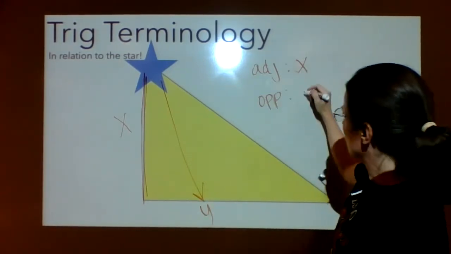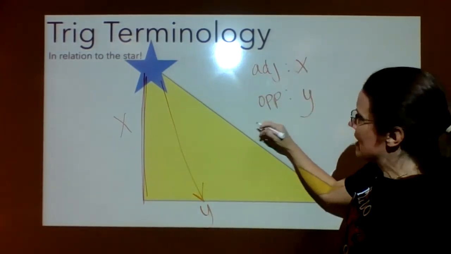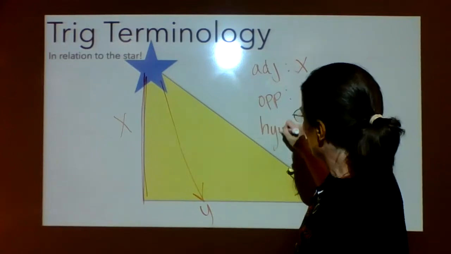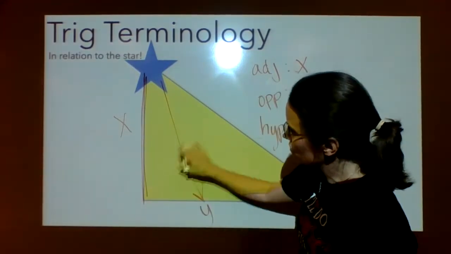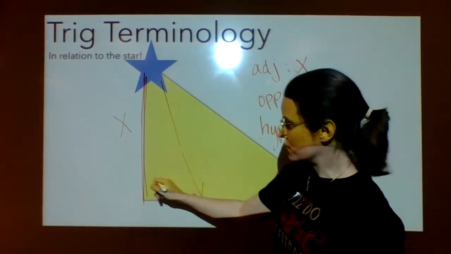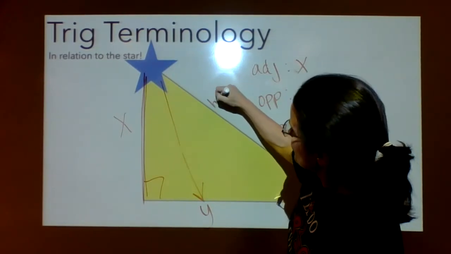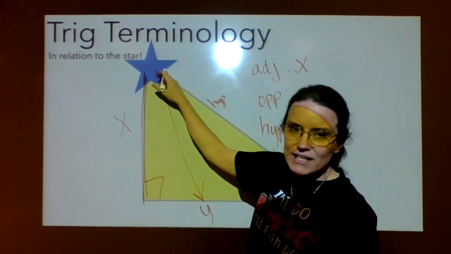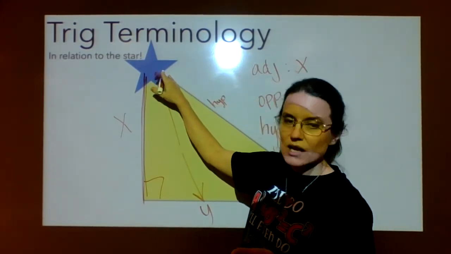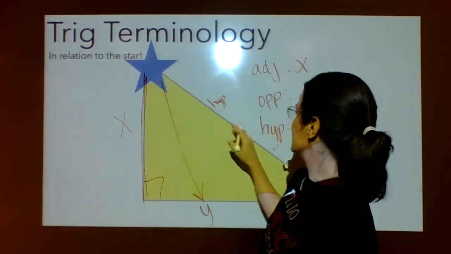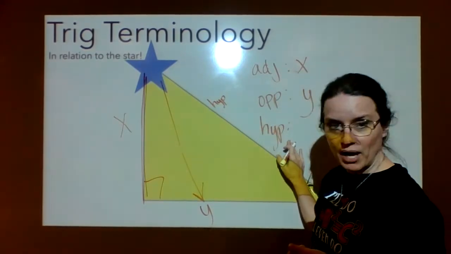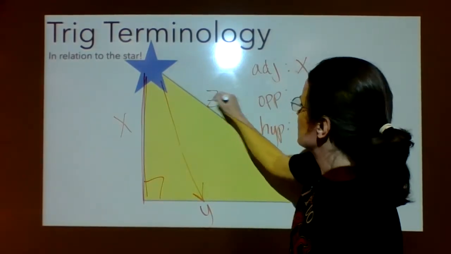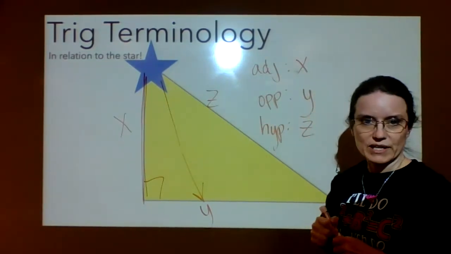We're going to call that one Y. And then the third side is my hypotenuse. It's always the one that's directly across from the right angle. So yes, this is technically adjacent to the star, but we don't ever call it that because it always just gets called the hypotenuse. And we're going to call this one Z just for giggles.